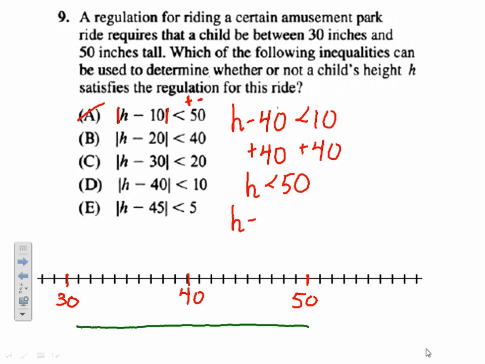And then let's see what happens when we set this up with the negative version. Okay, so then we get H is greater than 30, which is exactly what we want.